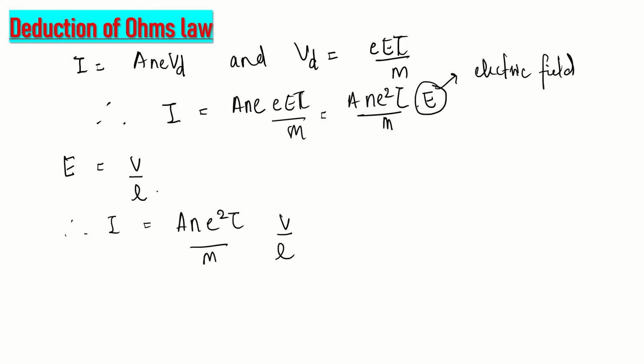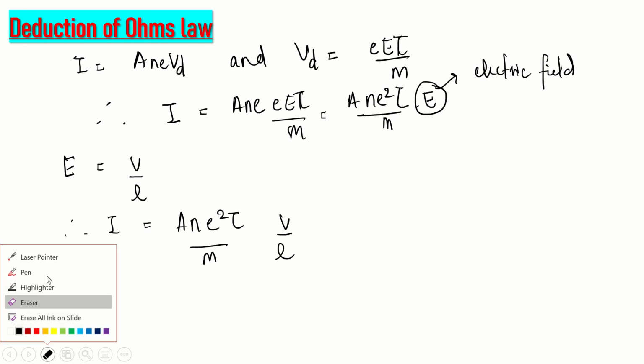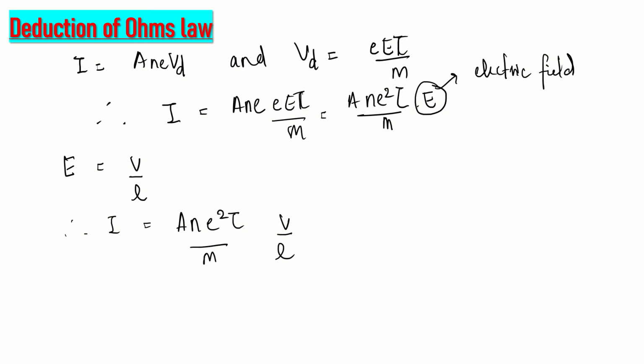And from here what I'm going to do is this V I'm going to bring it down here. What I will do is I will take the reciprocal. So before taking the reciprocal, as I said earlier, this V I'm going to bring it over here. So I by V is nAe squared τ by mL, okay, like this.